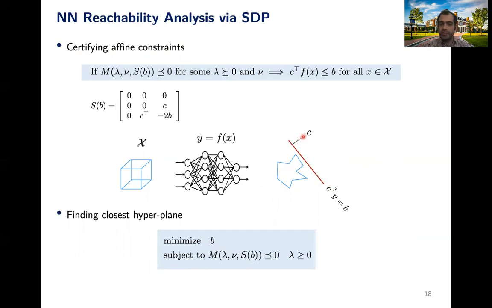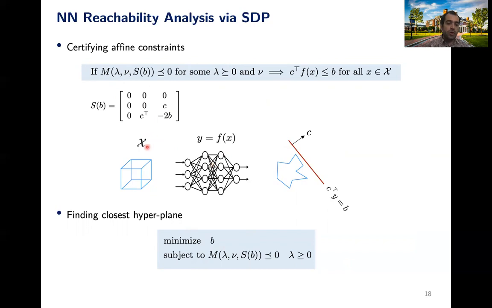And this hyperplane is defined by normal direction C and offset B. So if we define the matrix S in the previous slide like this, then the satisfaction of the LMI provides a sufficient condition for the output reachable set to not intersect this hyperplane.